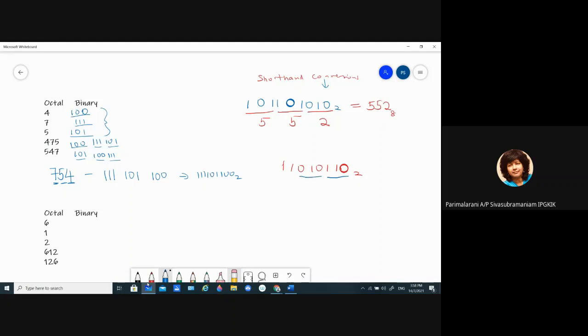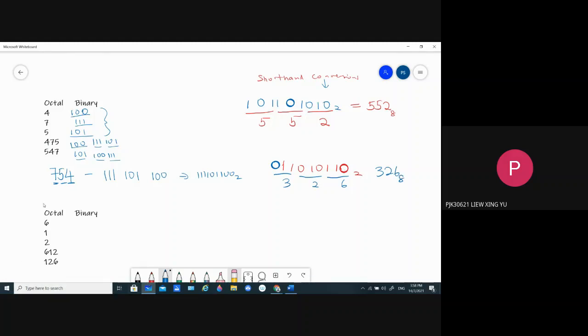Here you only have 2. So what do we do? We add one more here, because it doesn't change the digit, okay? So what is 110? 6. 010 is 2. 011 is 3. So this equals 326 base 8.